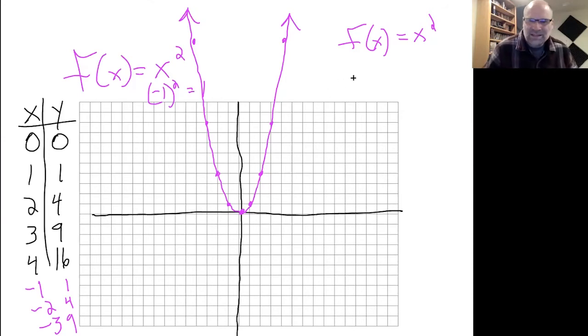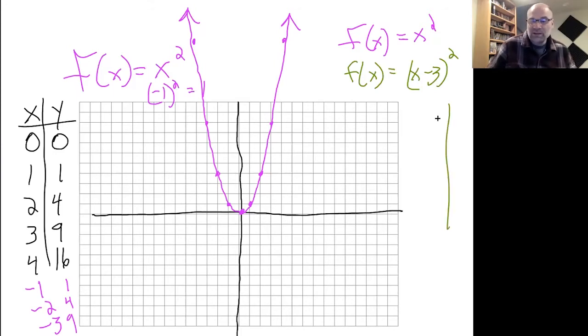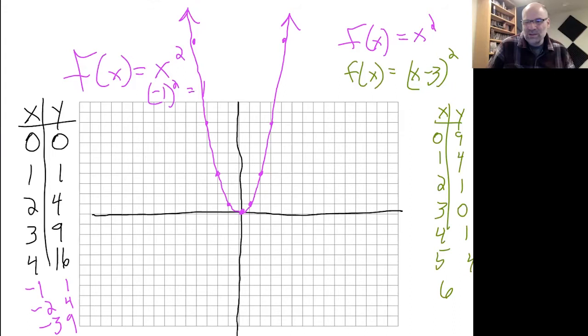So basically, a horizontal shift looks like this. If I went x minus 3, if I subtracted 3 first before I squared it, and plugged in values, then 0 would be negative 3 squared, which is 9. 1 would be negative 2 squared, which is 4. 2 would be negative 1 squared, which is 1. 3 would be 0. 4 would be 1. 5 would be 4. 6 would be 9.